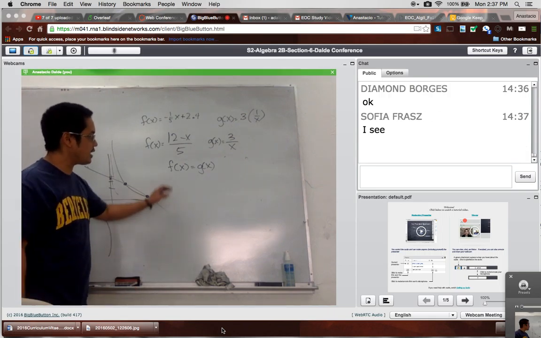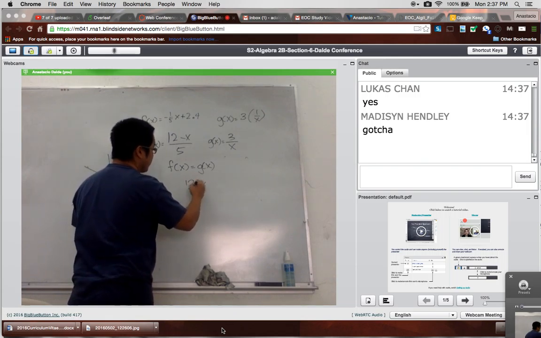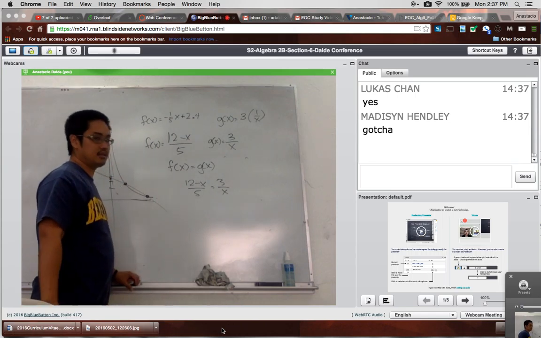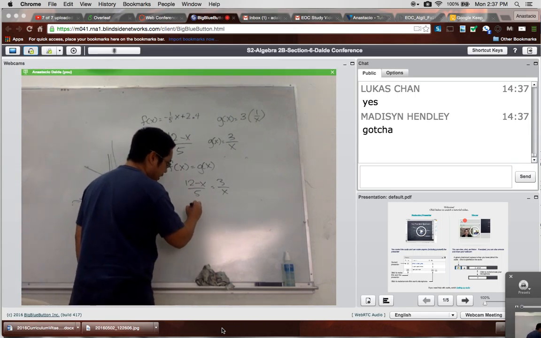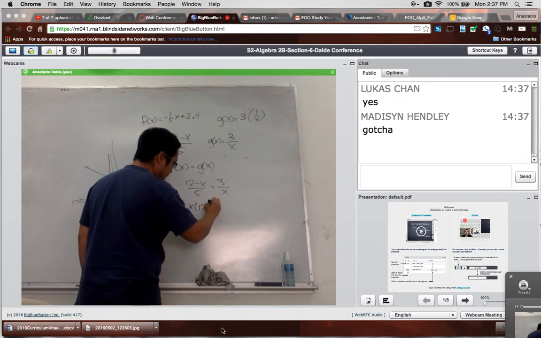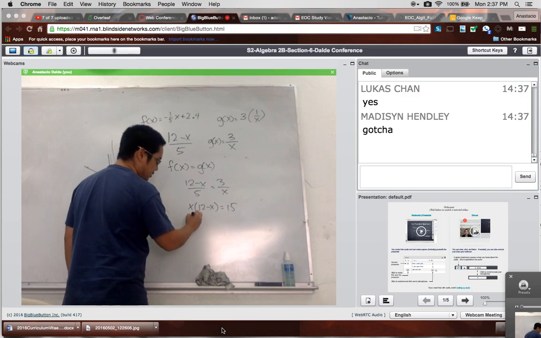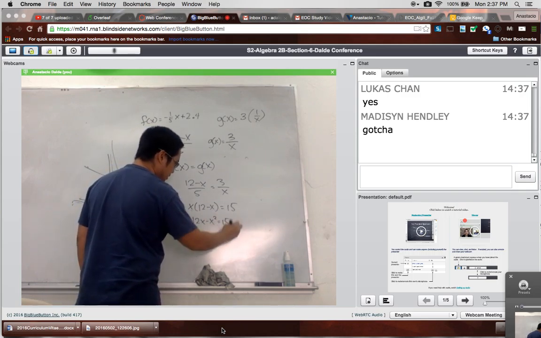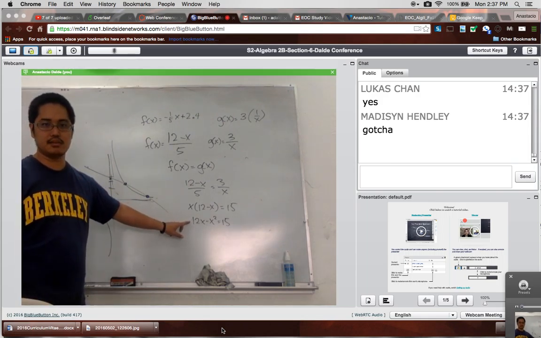Well, if we set f of x equal to g of x, we'll have 12 minus x over 5 is equal to 3 over x. I'm going to cross multiply those things, and I end up getting x times 12 minus x equals 15. So 12x minus x squared equals 15. Guess what kind of equation this is?